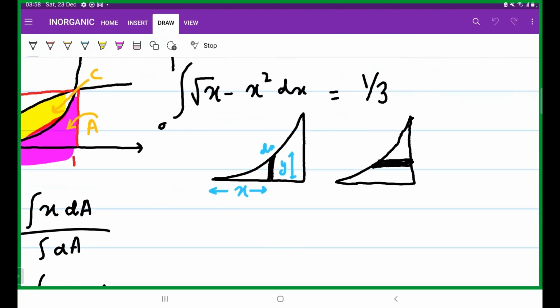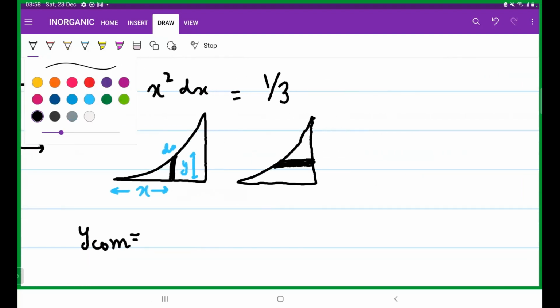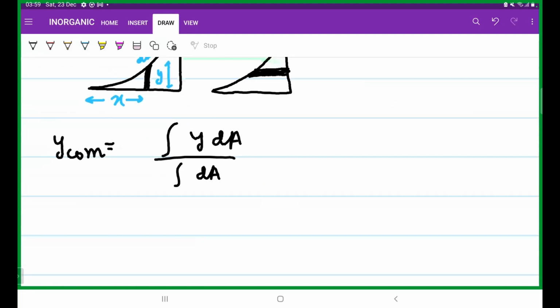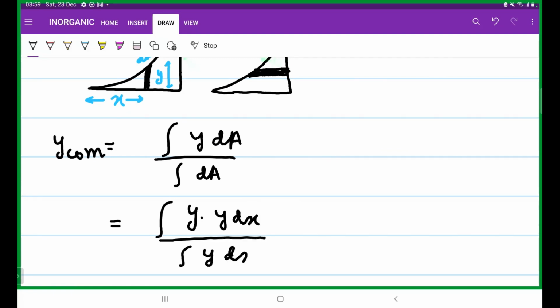Now let's find the y center of mass. The y center of mass, again, we will find it very similarly. It will be integration y dA divided by integration dA, right? Now when we place the value of dA over here, it will be y dx divided by integration y dx.